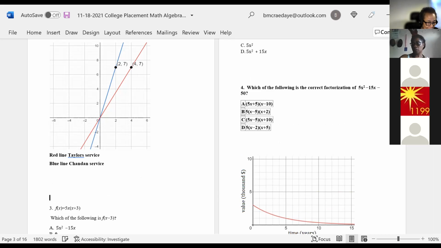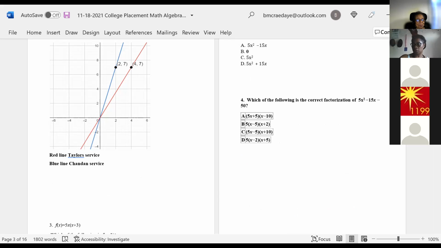You want to find the slope of both of these lines, right? It would be y2 minus y1 over x2 minus x1. So what would Taylor's slope be? The red line. What would that be, Vanessa? 7 over 7, so it's going to be 0.